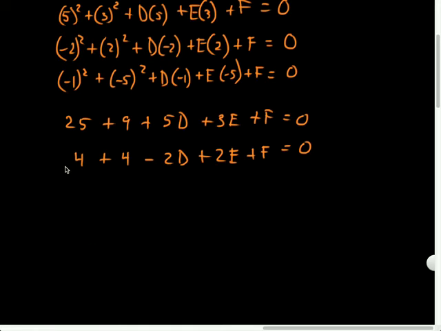Lots of work on this problem. I told you it was going to be a doozy. -1 squared is 1. -5 squared is 25. And then that'd be minus 1d, minus 5e plus f equals 0.